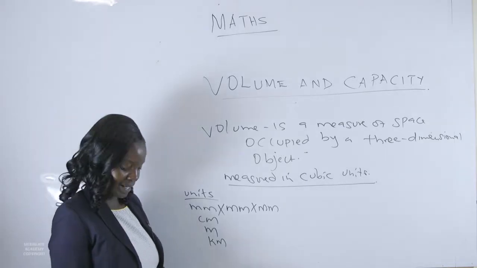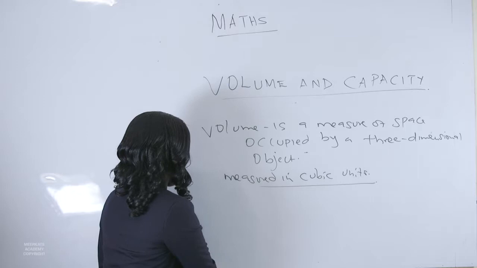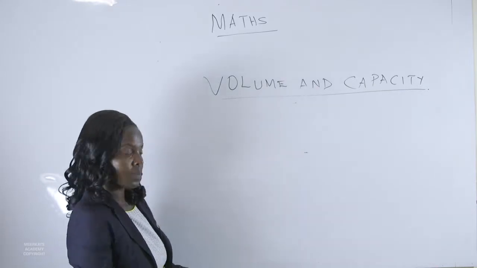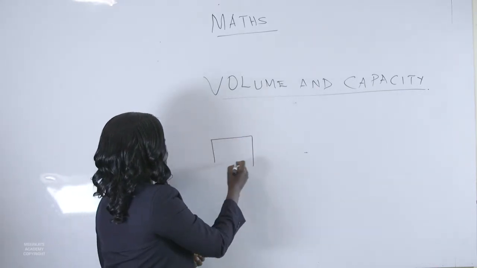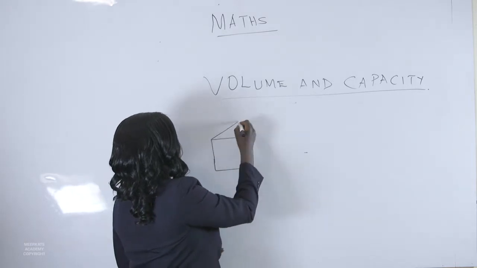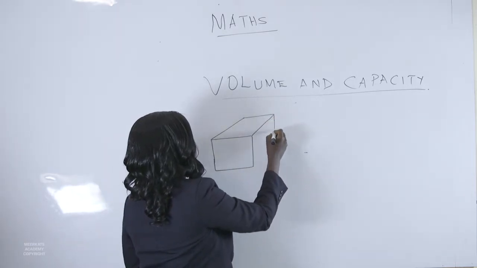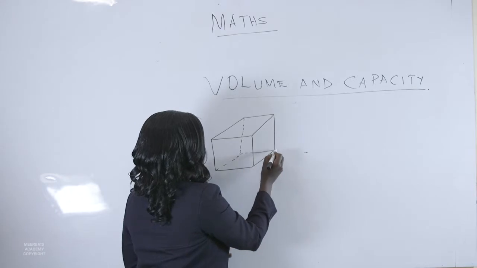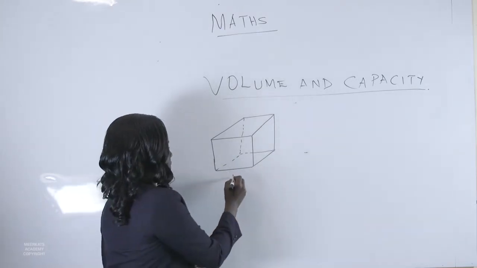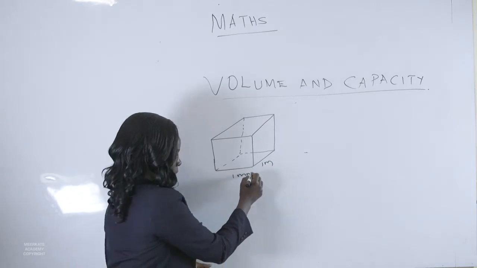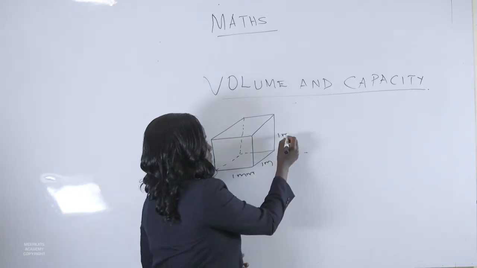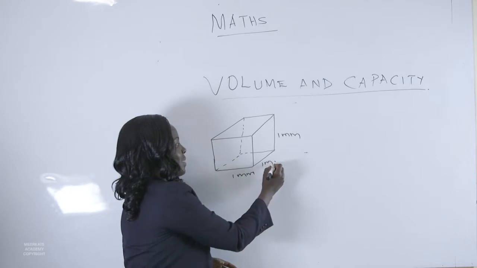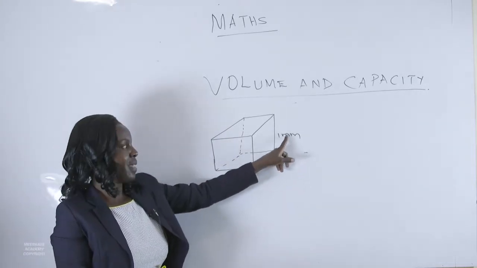Why is it so? Let's take an example of a cube that is measuring 1 millimeter by 1 millimeter by 1 millimeter.